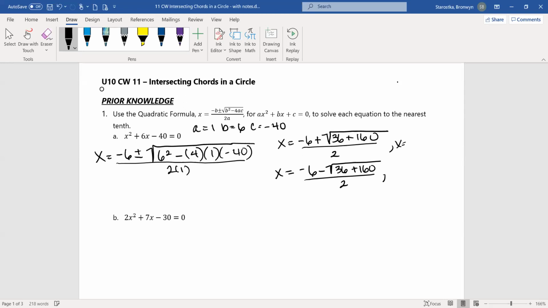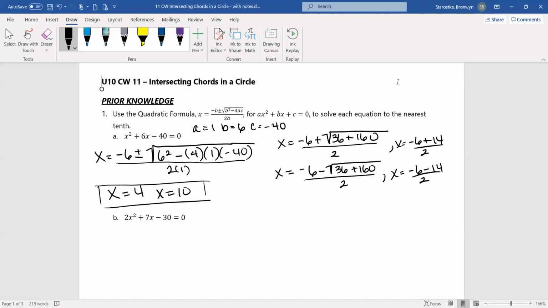All right, 36 plus 160 is 196. Square root of 196 is 14. So x equals negative 6 plus 14 divided by 2. x equals negative 6 minus 14 divided by 2. So our values are x equals 4 and x equals negative 10. Those would both work.